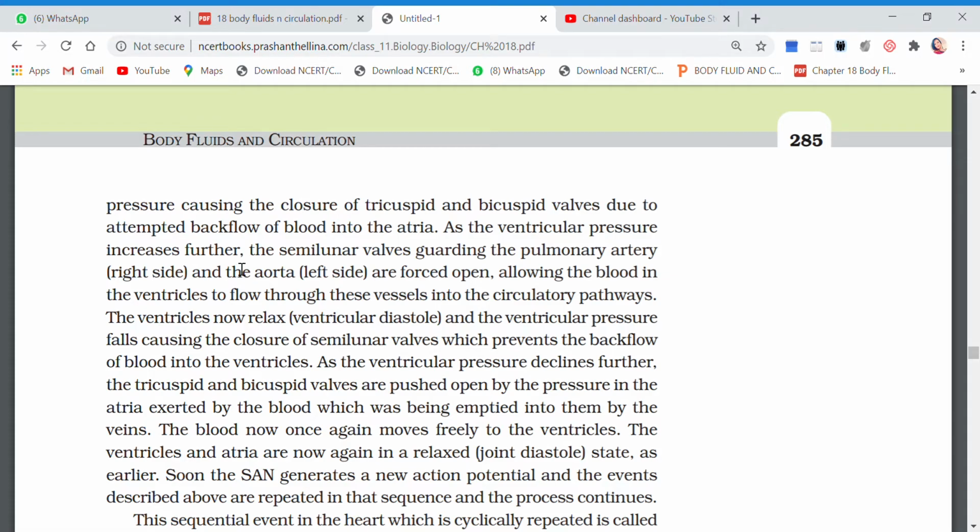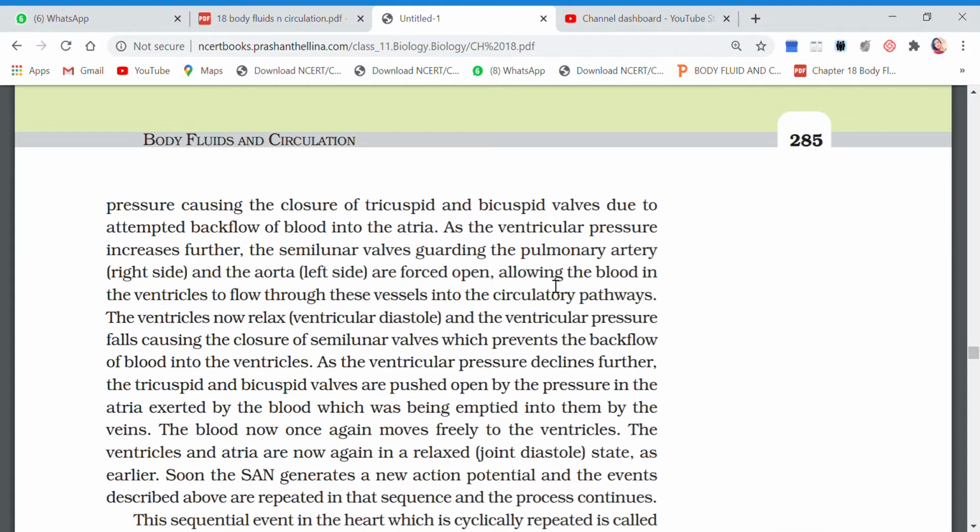So what happens? The semilunar valves, which are present on the pulmonary artery on the right side and the aorta on the left side, are forced to open due to the ventricular pressure. Now the blood has got only one opening. So what will happen?